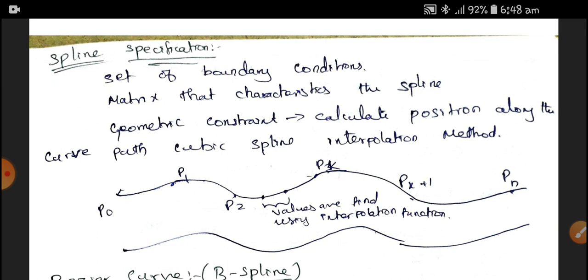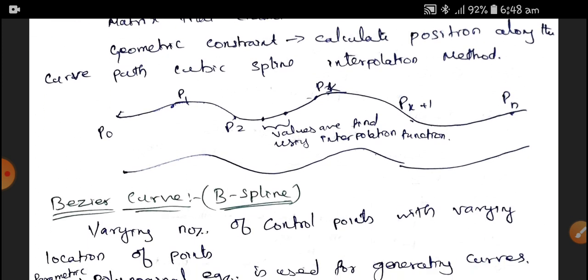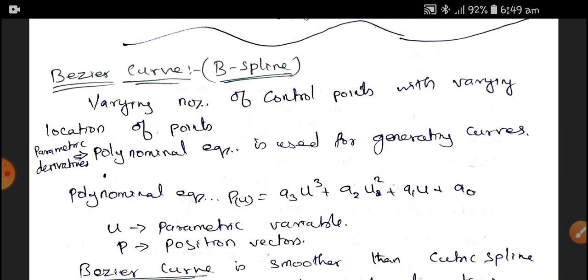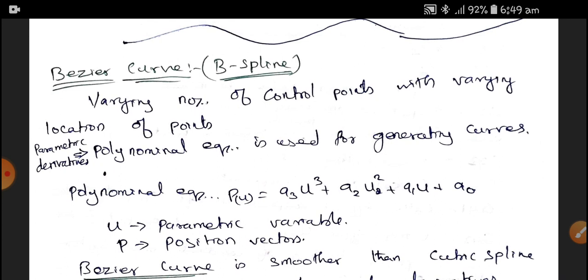The cubic spline interpolation method is followed, as I mentioned for the curve. Next is the B-spline or Bezier curve. A varying number of control points with varying locations can be used. So this is a parametric derivative.